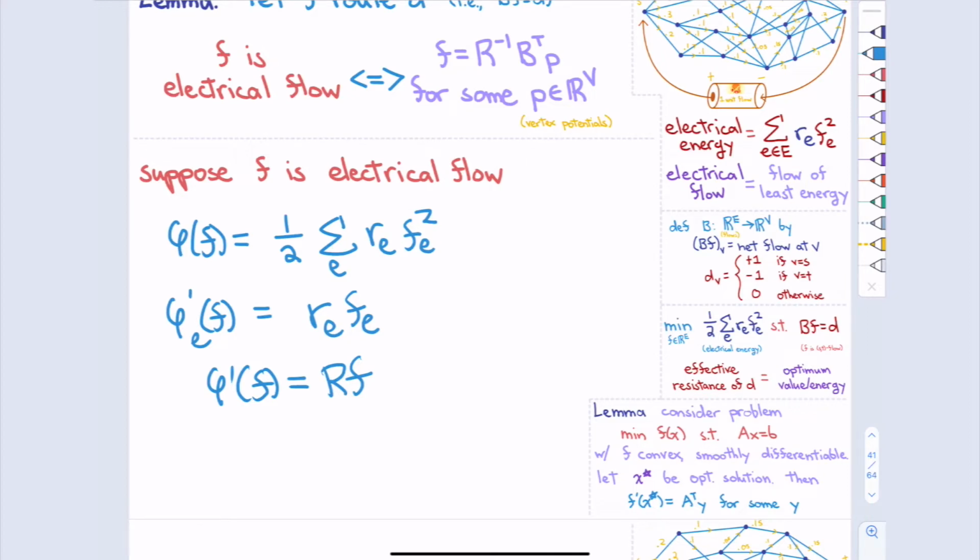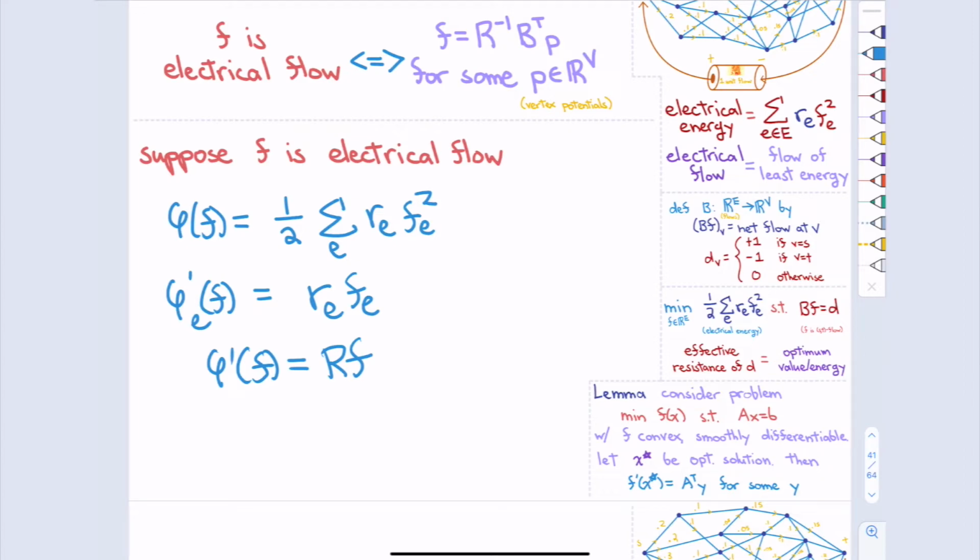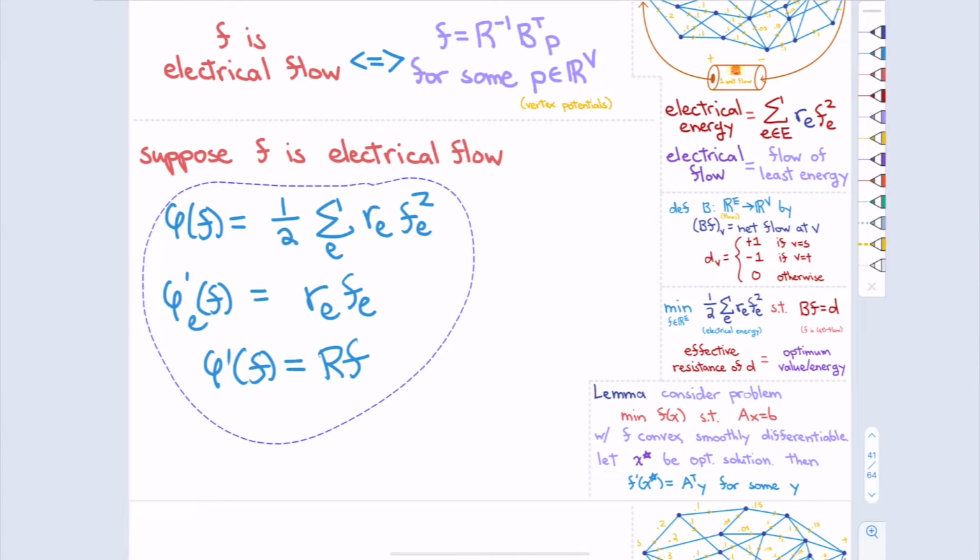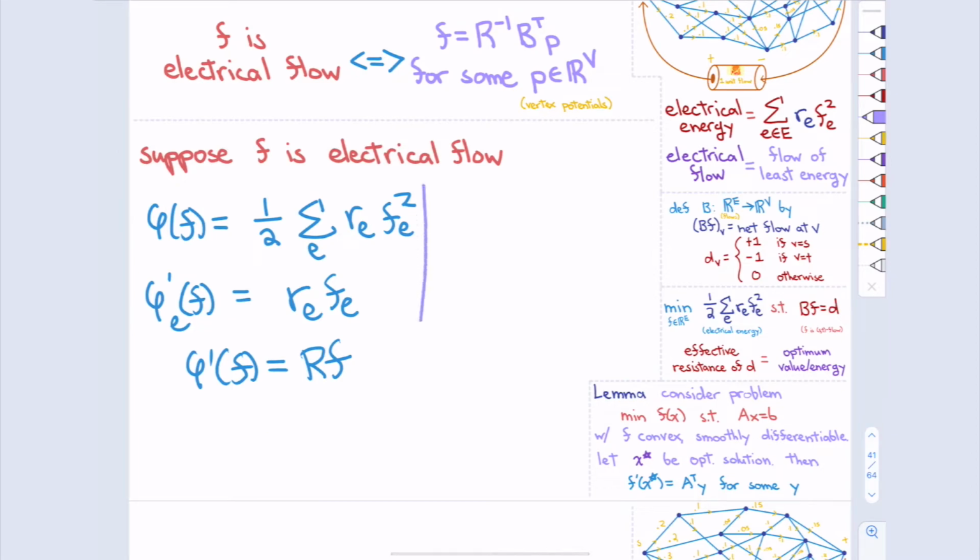Okay, and now the claim, so that addresses what's the function. And now what's A, right?